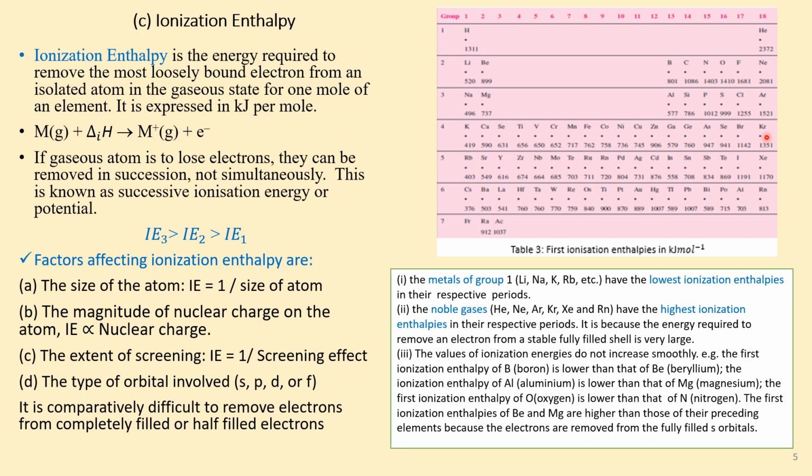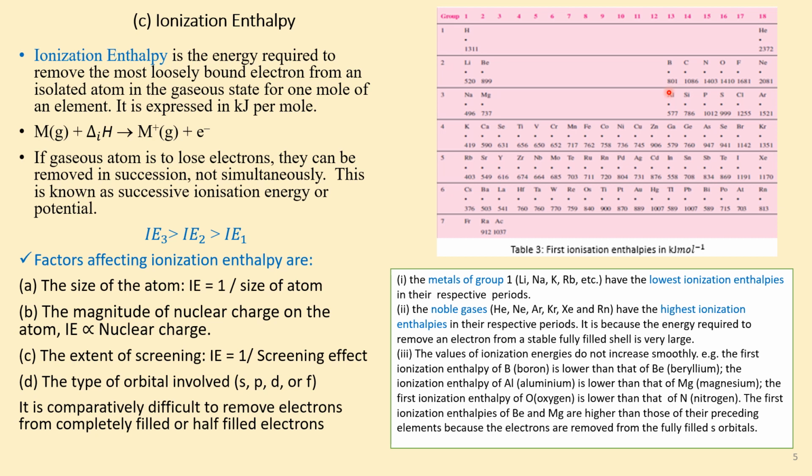Point number 3 is that the values of ionization energies do not increase smoothly. That is, the first ionization enthalpy of boron is lower than that of beryllium. See here, the ionization enthalpy of boron is 801, whereas for beryllium it is 899. So boron has lower ionization enthalpy than beryllium. Similarly, the ionization enthalpy of aluminum is lower than that of magnesium.